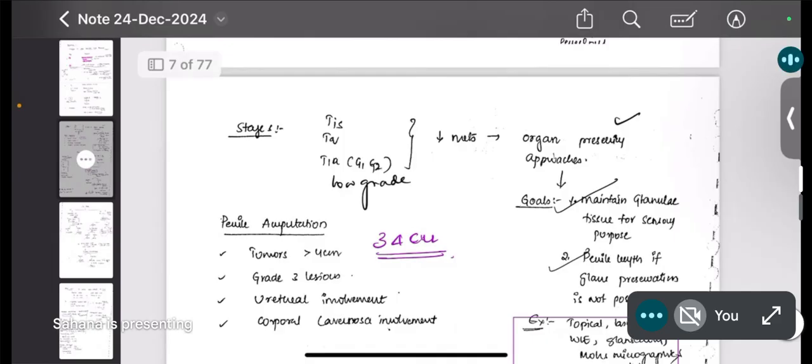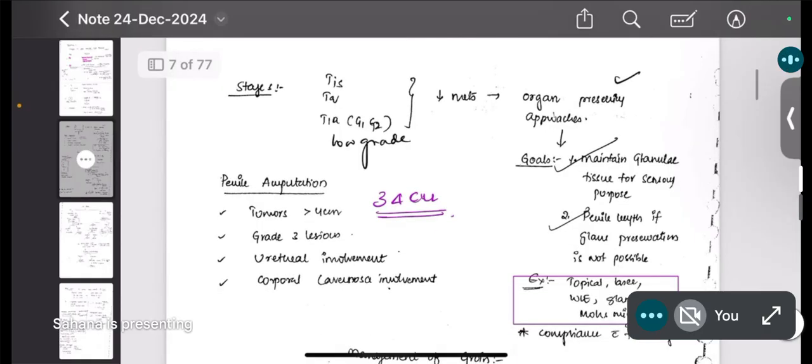Now, organ preservation, that is Tis, Ta, very good grade T1a, grade 1, grade 2. Yes, you can do all these organ preservation, as minimal as lasers to as maximal as glans resurfacing. You can use RT for less than 4 centimeter lesion.